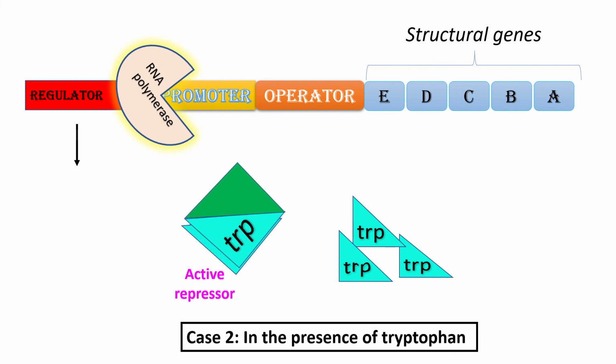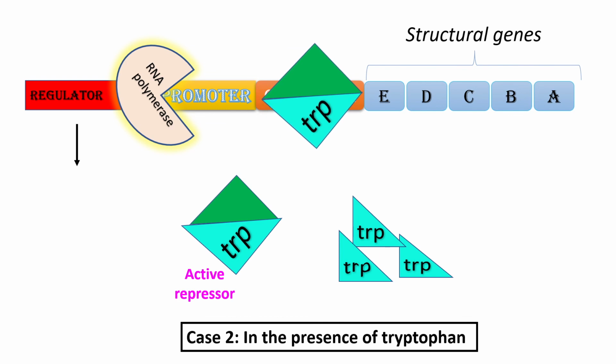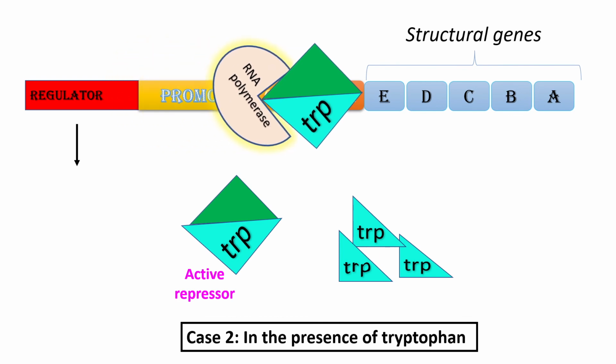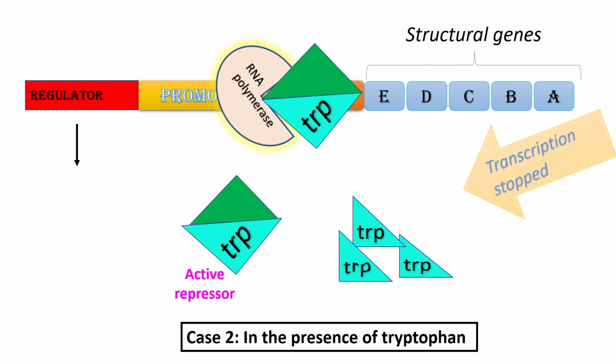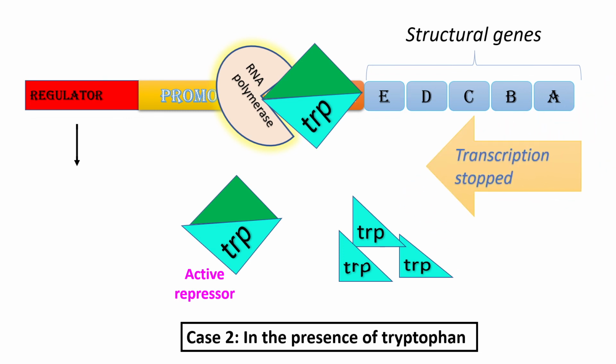This active repressor will bind with the operator region and stop the movement of RNA polymerase. Since the movement of RNA polymerase is stopped, transcription is stopped. And when transcription is stopped, there will be no more synthesis of tryptophan, and the operon will move into an off condition.